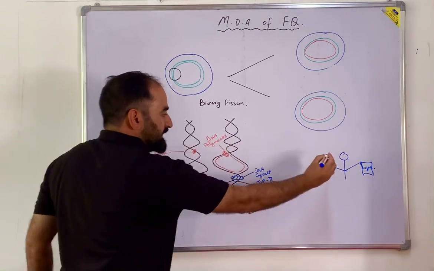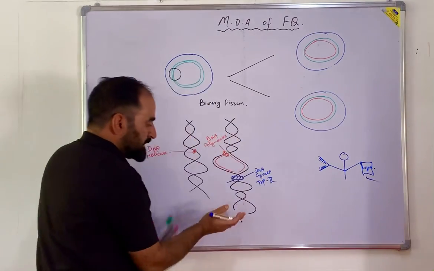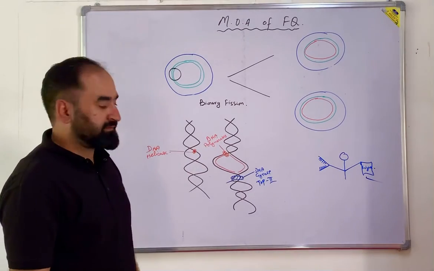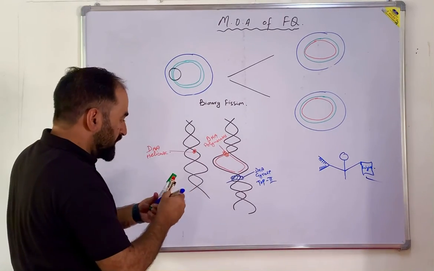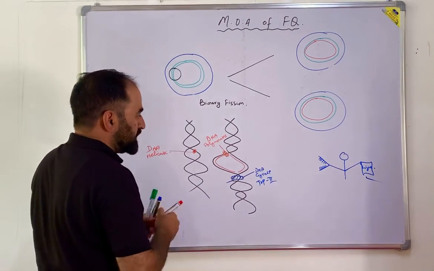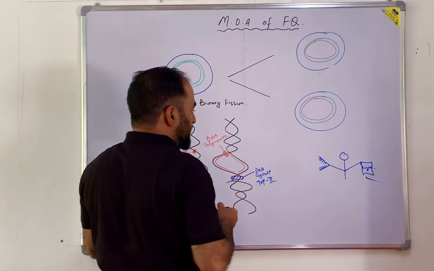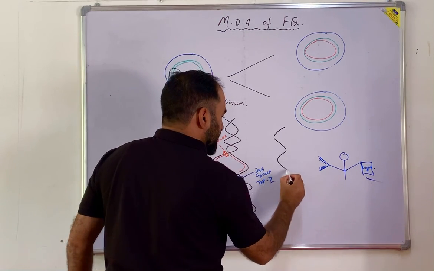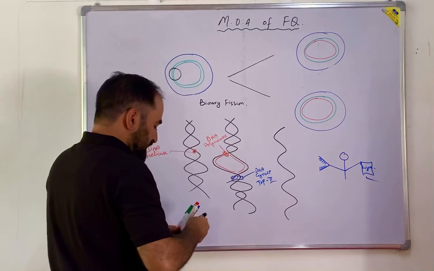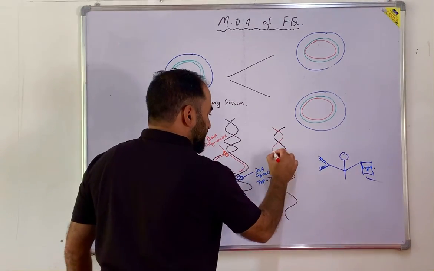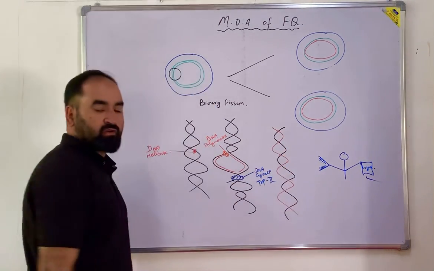After relaxation, the DNA ligase seals the things. Okay, seals the things. Now you are getting your strand like this way. One is the parent strand, another is your complementary strand.